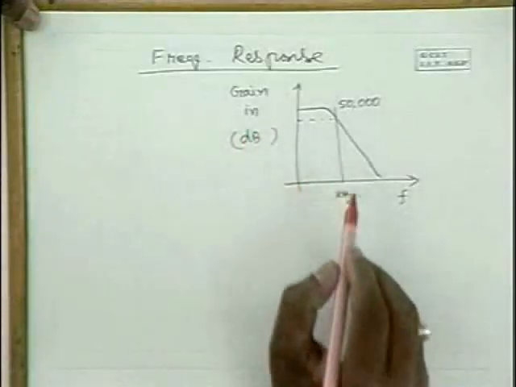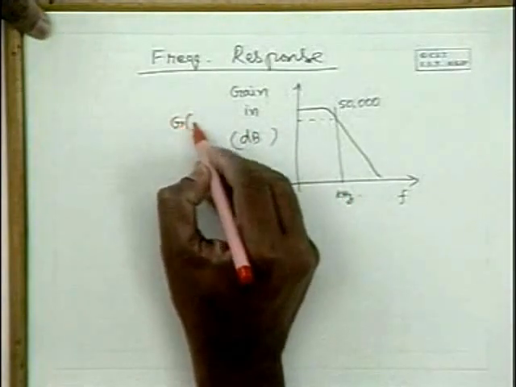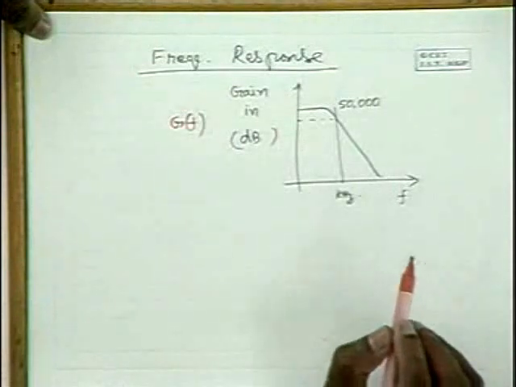Because of this, at high frequencies, the effective signal applied to the base emitter junction goes down, and as a result the gain goes down, and gain becomes a function of frequency. This has been already discussed during the RC coupled amplifier discussion. So the gain is a function of frequency and it falls with frequency like this.